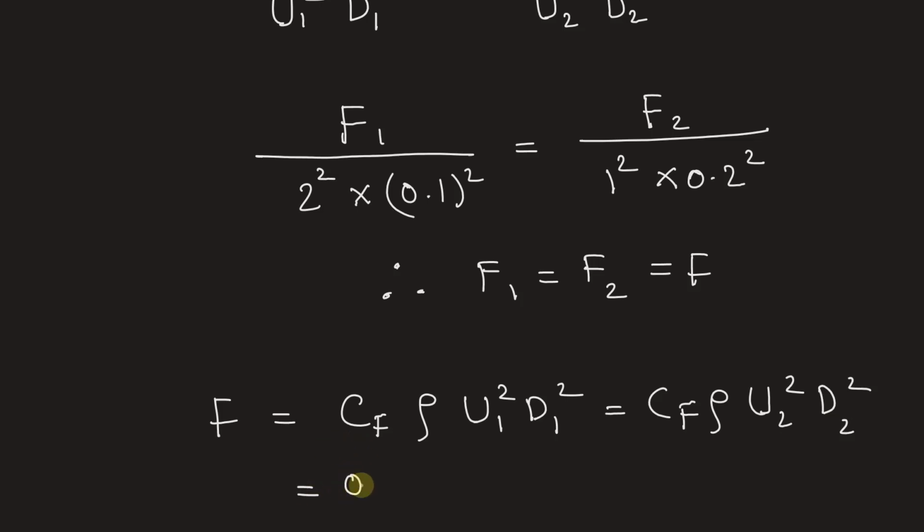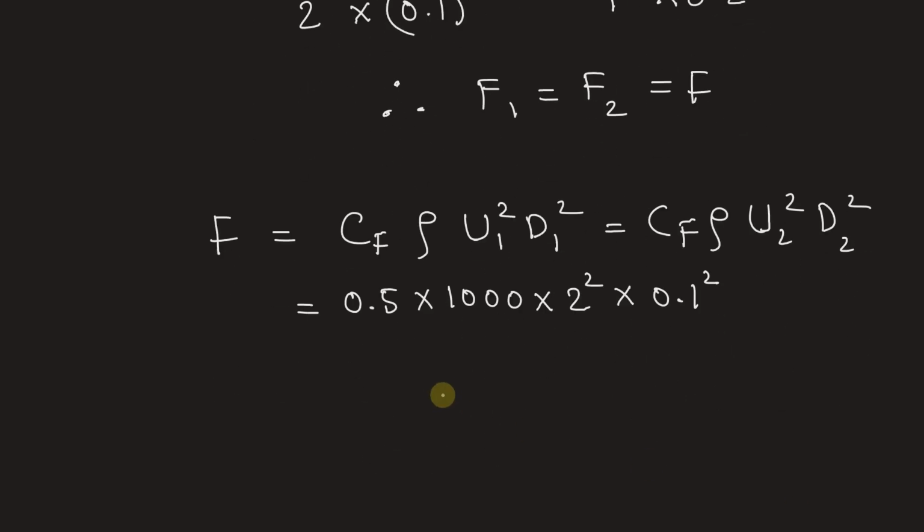Cf in the problem is given as 0.5 multiplied by the density of water, that is 1000, multiplied by u1 square, that is 2 square into 0.1 square. Therefore the force over sphere 1 is equal to the force over sphere 2 and will come out to be 20 Newton.